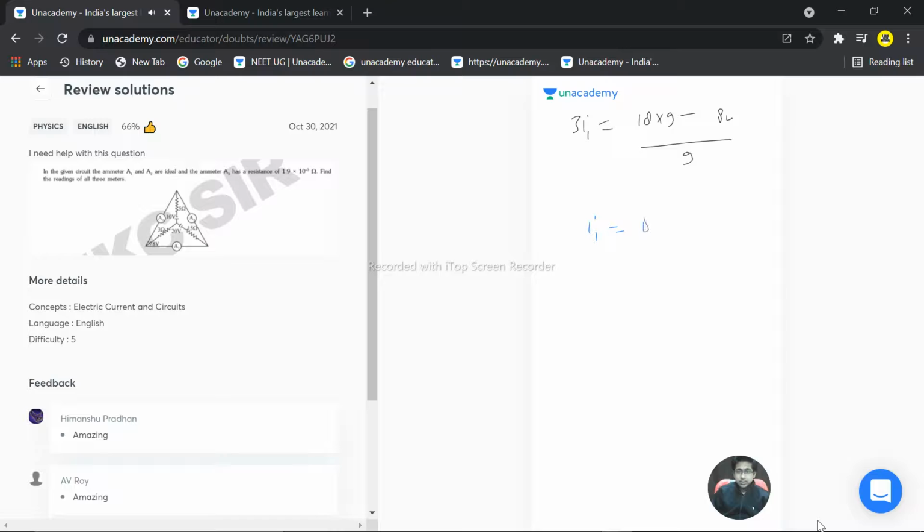So this is 82 by 27 ampere. That is the value of I1.